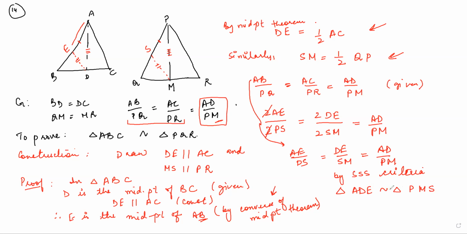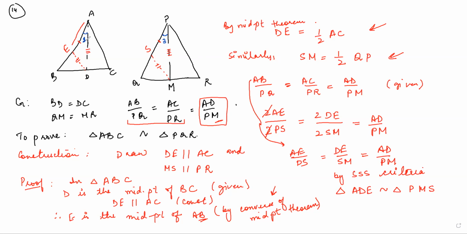Any problem? So now, if the triangles are similar, that means the corresponding parts are also equal. Corresponding angles are also equal. If I'm taking this angle to be 1, it should be equal to this angle. Let me call it 3.